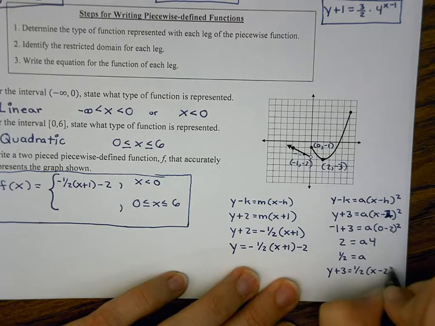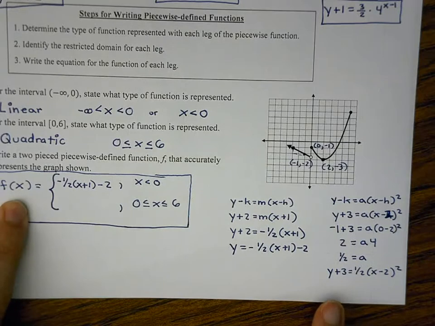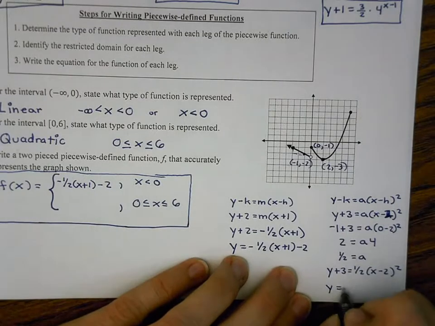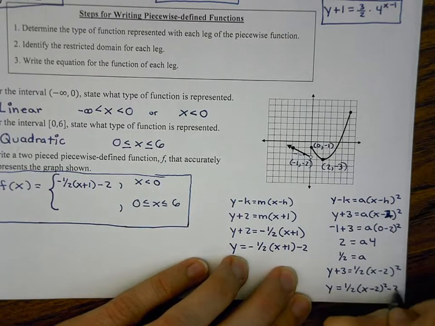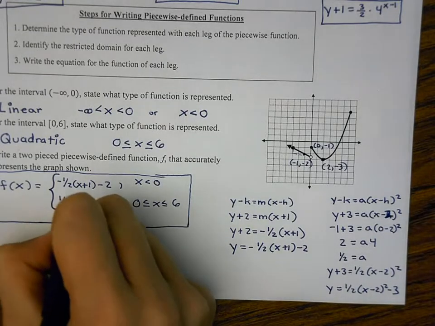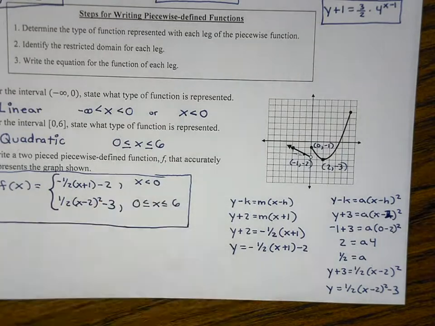Same thing, notice that this says f of x equals or y equals, not y plus 3 equals. And so I'm going to go ahead and subtract that 3 over so that it matches. Slot that into your quadratic.